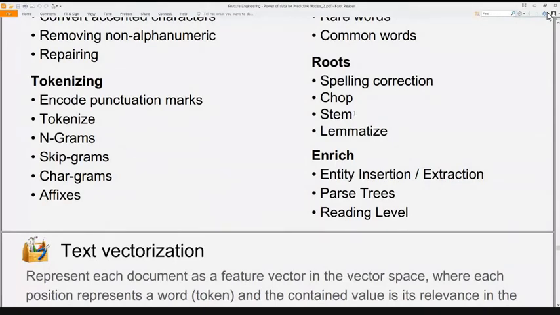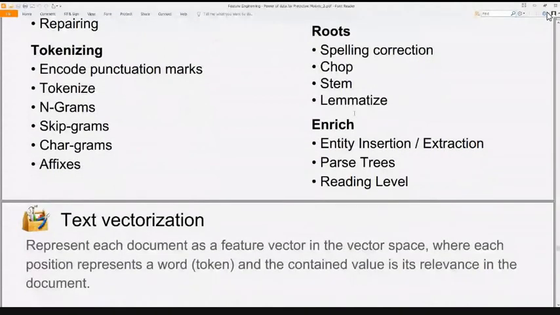However, if I stem my words, I am left with the root, run. So run and running become one word. So I know this is still talking about the same thing. You reduce the variability in your text and your model can perform better.